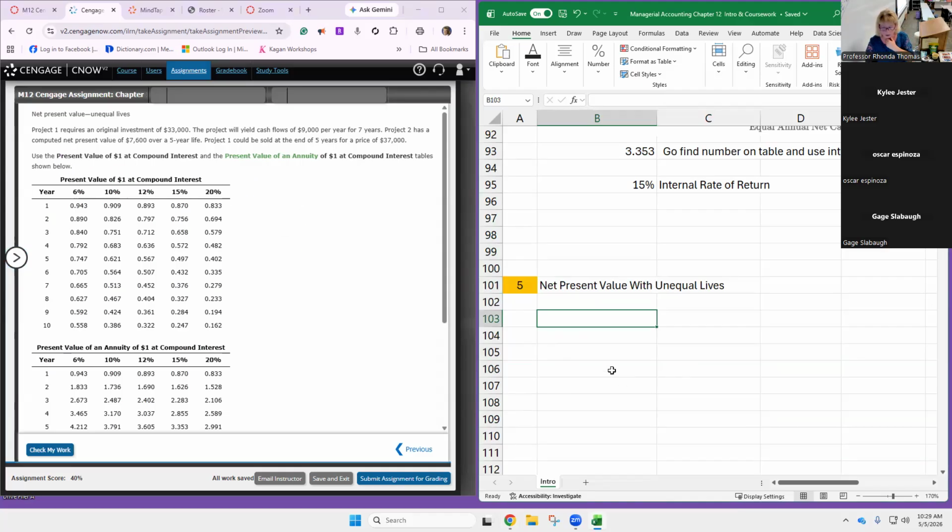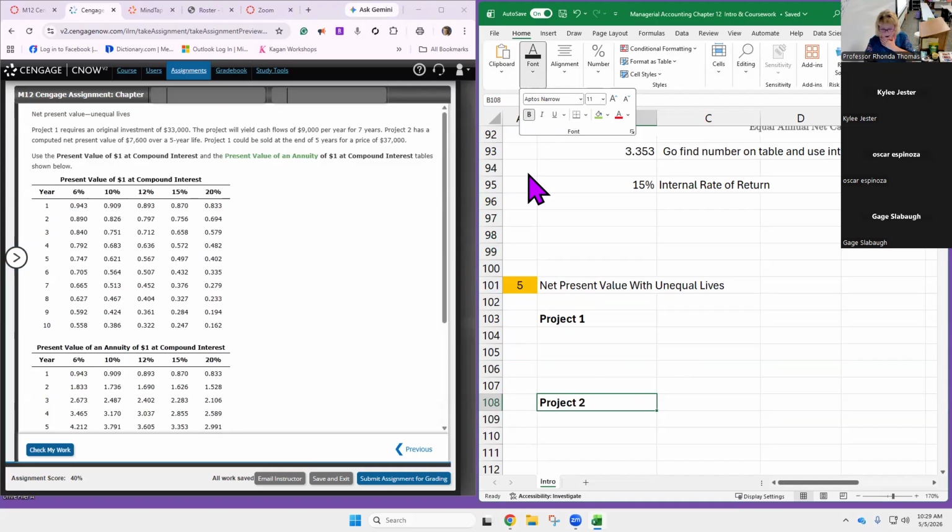Unequal lives. So we're going to have a project 1 and a project 2. Then we have some information to fill in for each. We'll use the net present value and then we'll just figure each one.